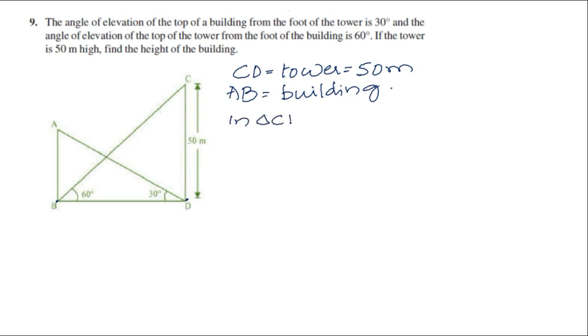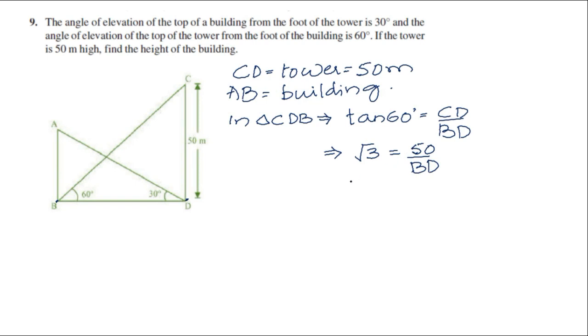In triangle CDB, we have tan of 60 degree equal to CD upon BD. Tan 60 degree is nothing but root 3. CD is 50 upon BD. We can find the length of BD to be 50 upon root 3.